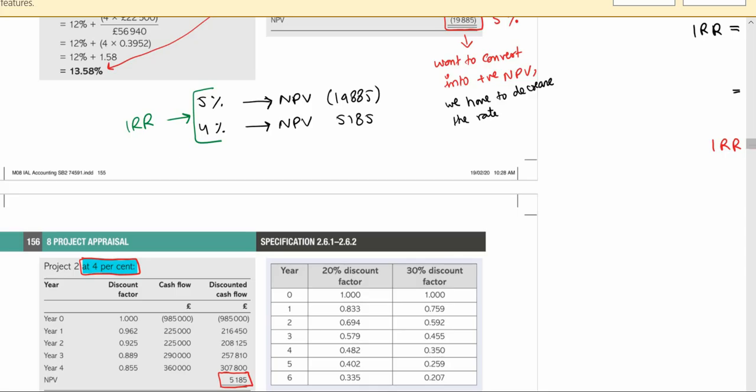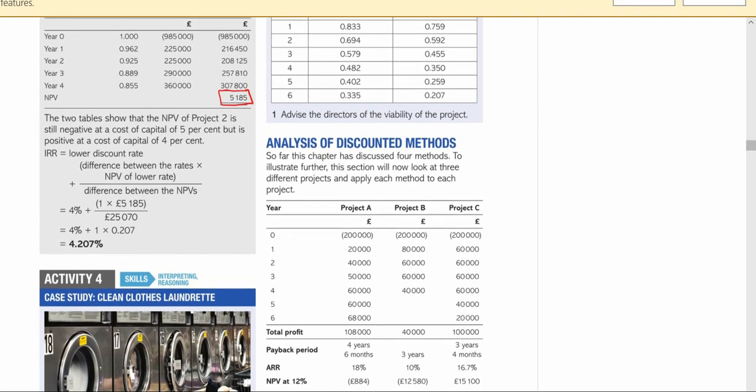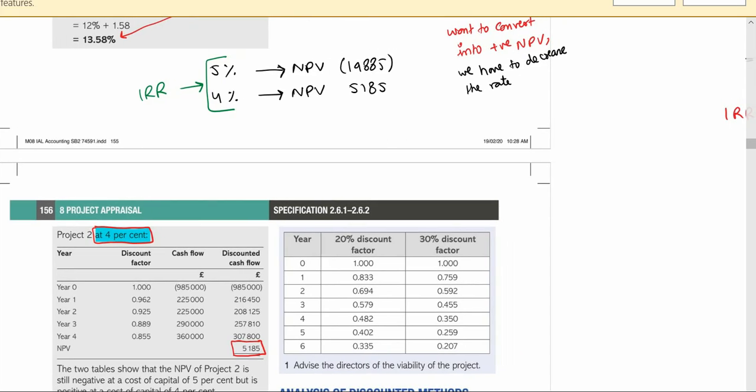For further clarity, we have to use the IRR formula. What is the formula to calculate IRR?